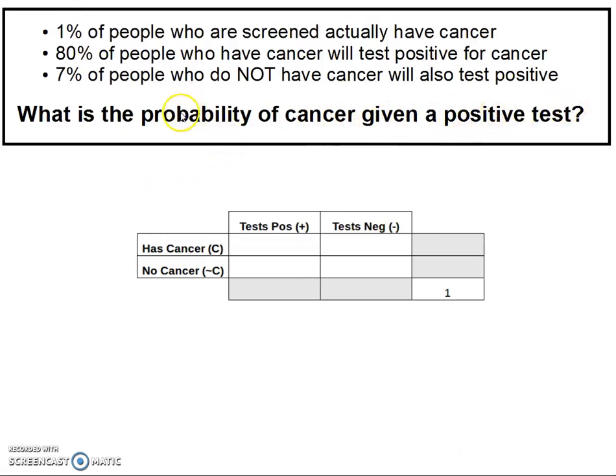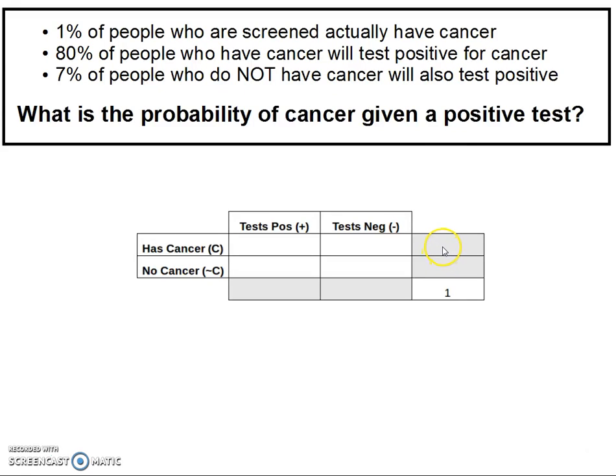So if we think of two variables, cancer or no cancer, and positive or negative test, we get a 2x2 table like this. And this sort of probability table should be familiar to you by now. Here's the information we have up here summarized in this box. 1% of people actually have cancer. So what's the marginal for having cancer? Out of the whole population, what will go here? 1%.